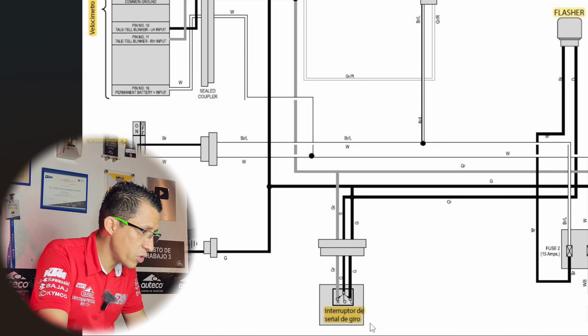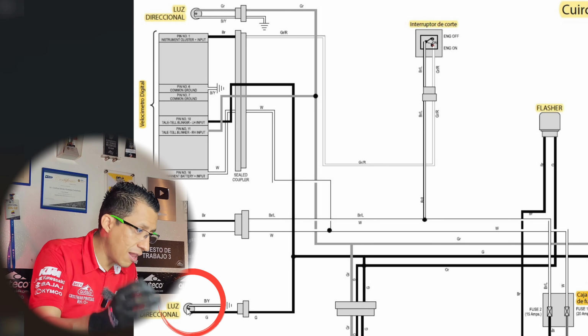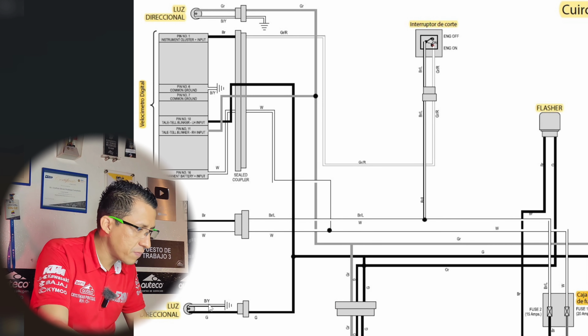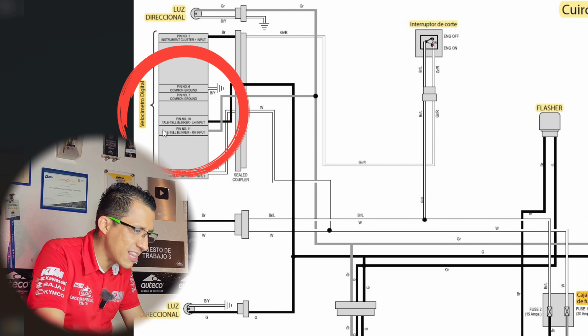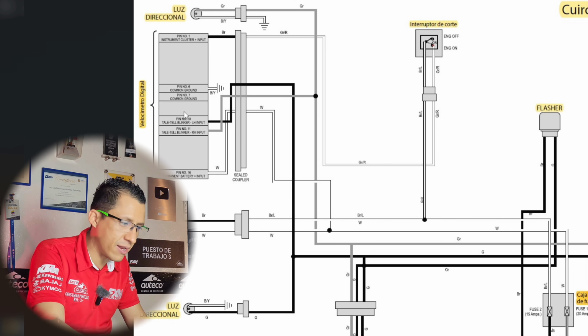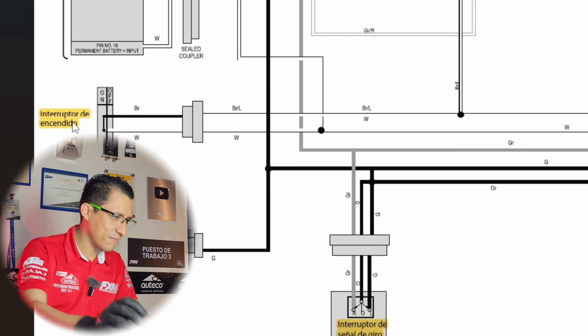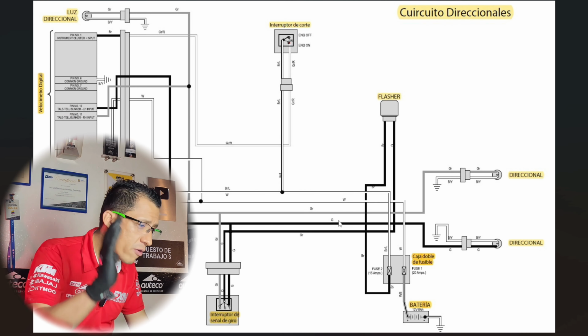We have a turn signal switch that will be left and right directional buttons. Directional lights, those are front ones. This is the left and this is the right. Digital dashboard or digital speedometer, that is the indicator on the instrument panel. And finally, we have the ignition switch, that is the key. This will be the diagram for the carburetor.